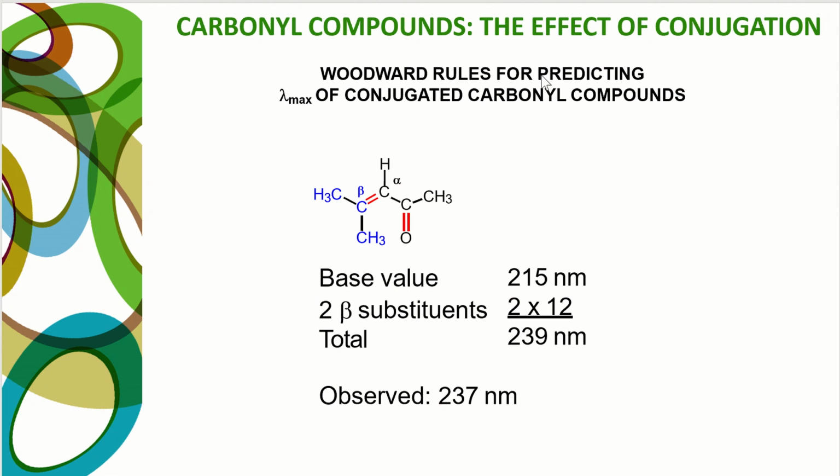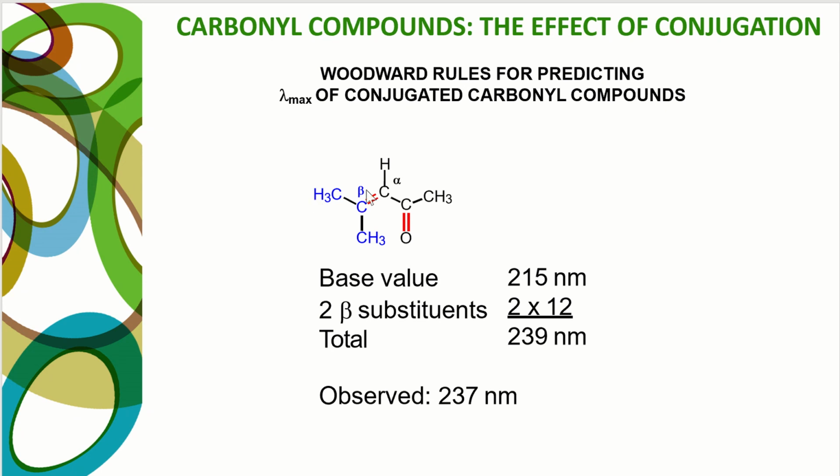So we have a set of Woodward rules for predicting the lambda max of conjugated carbonyl compounds as seen here. So our base value is 250 nanometers, and here we have two beta substituents. So our base value would encapsulate this portion of the molecule, and then for our beta, we count what is attached to this alpha carbon here and this beta carbon.